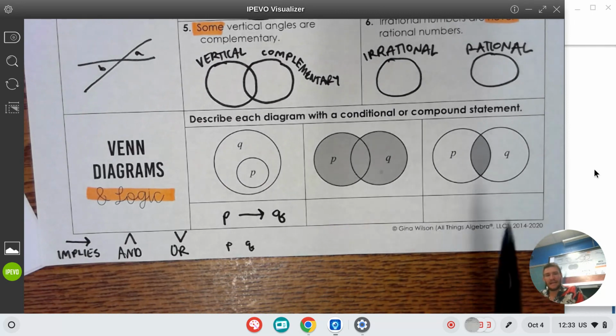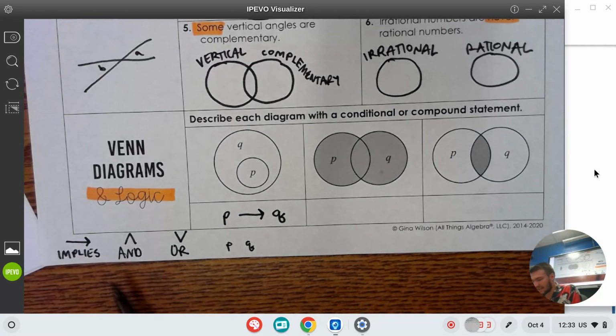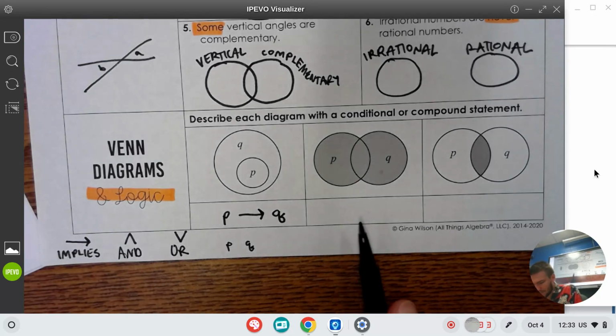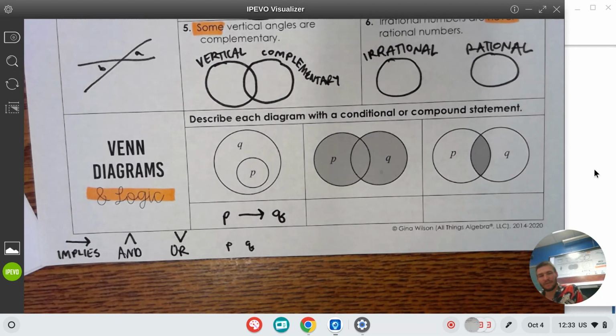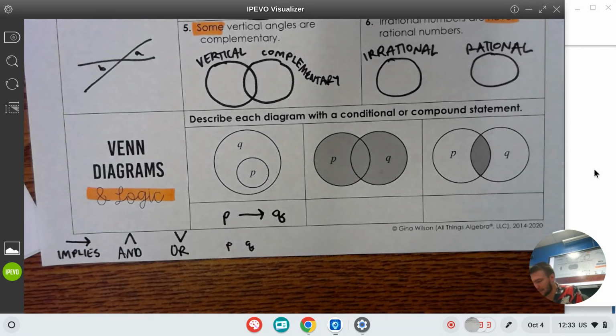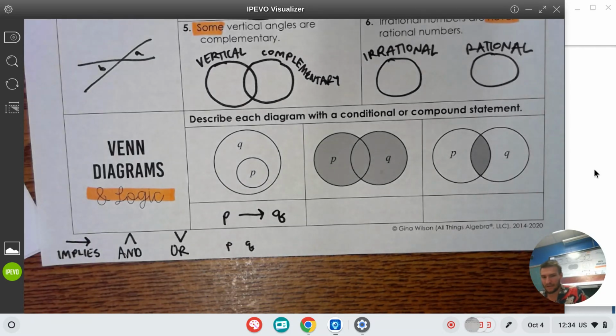Now, the next two, one of them is going to be and, one of them is going to be or. So let's think about this. Which one do we think is going to be and? Which one do we think is going to be or? Which one of these is more picky, right? Is and very picky or is or very picky?